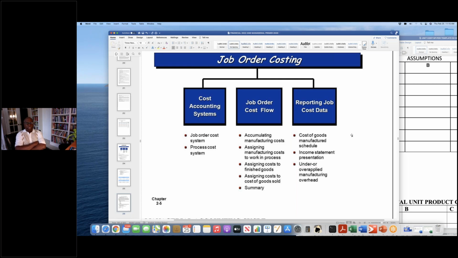So we are in managerial accounting now. And we're looking at the cost accounting systems that are utilized to accumulate the costs and come up with this cost of goods manufactured schedule. So you've got that item you're making. You've got to come up with the cost of that item.